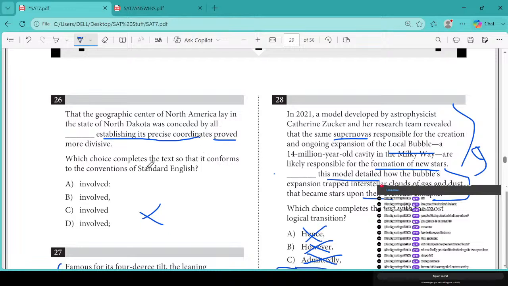And that means you need a semicolon or a colon. But because it's not really clarifying anything much, you would rather use a semicolon to join these two sentences. I thought it was a phrase. Yeah, I didn't see that.